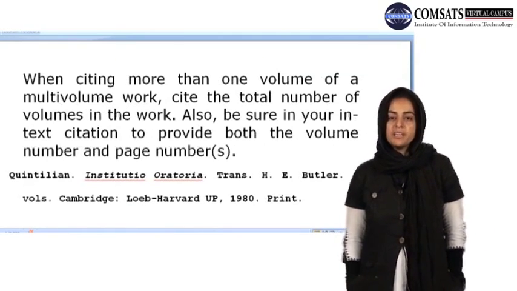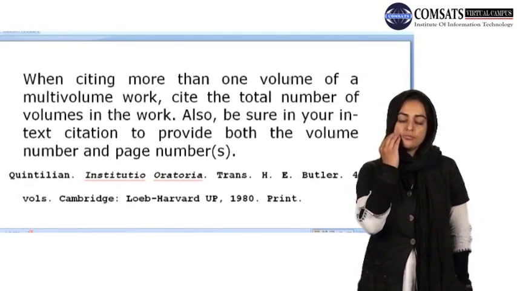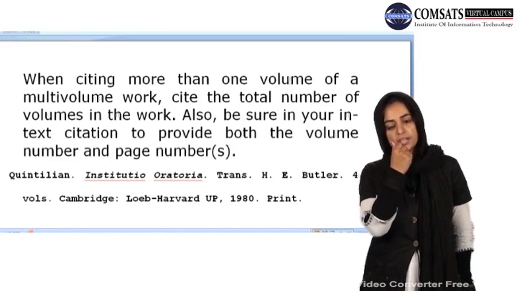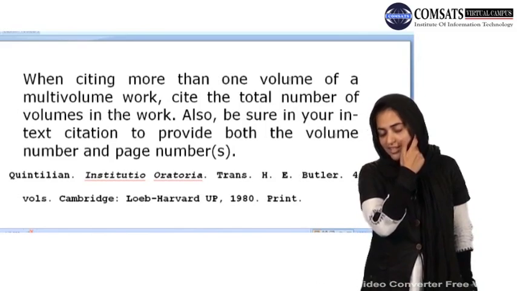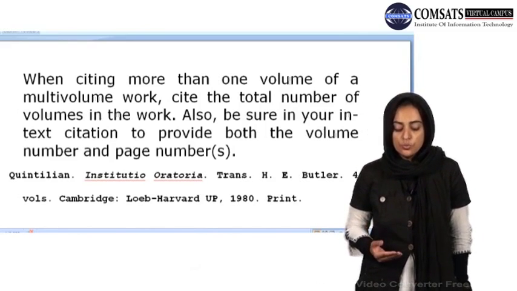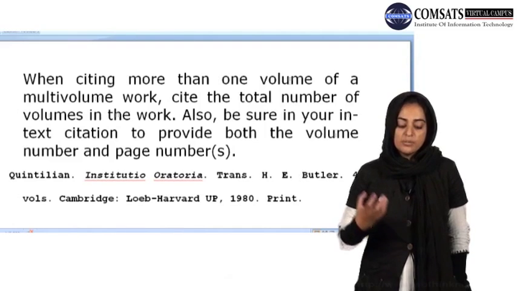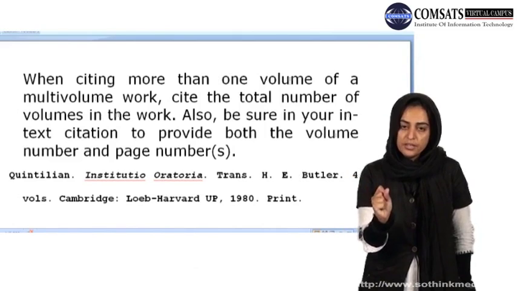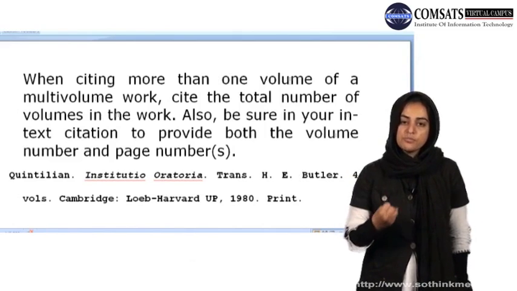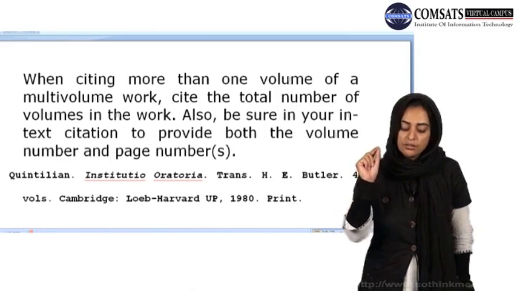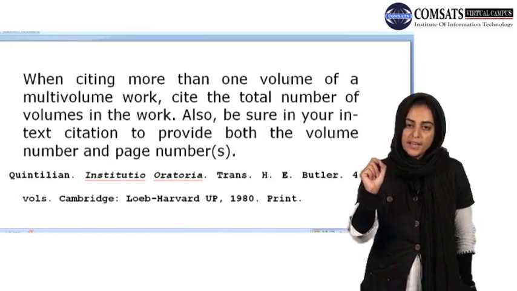But dear students, if you are picking up information from more than one volume of the same work, in that situation, what to do? You will give the total number of volumes in the work in the detailed reference. For example, if you have picked up information from 3 volumes, you will write 3 VOLS period.